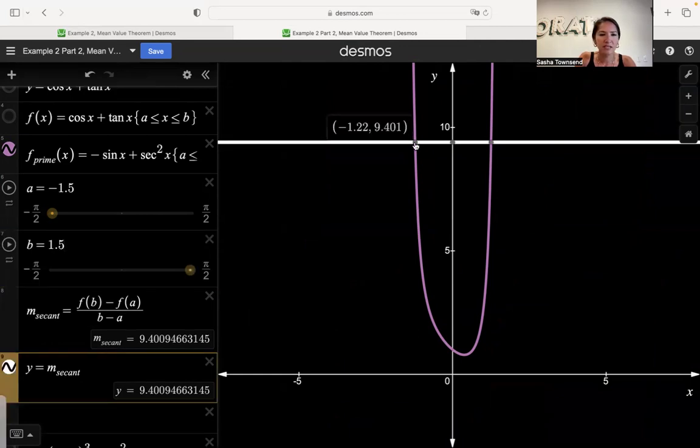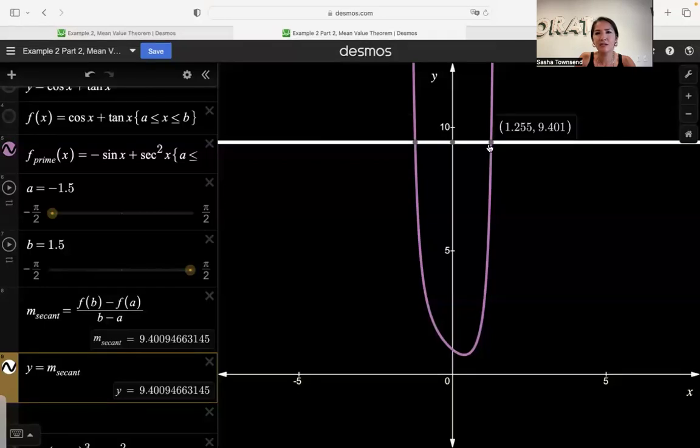The slope of the secant there is 9.401 approximately. And at x equals negative 1.22 and x equals 1.255, the derivative function is equal to the slope of the secant. So we get two answers just from reading the graph.